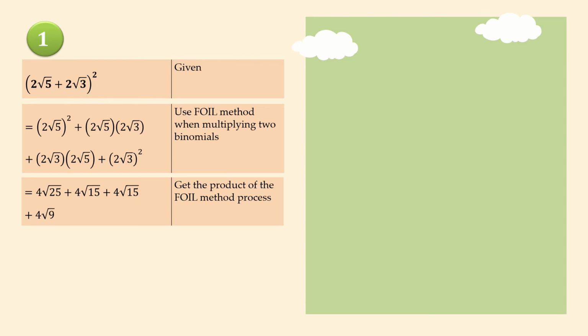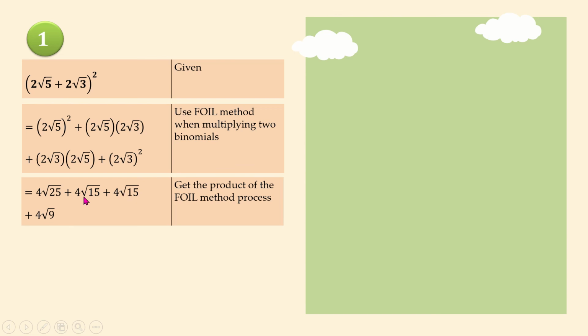2 times 2 is 4. 5 times 5, 25. Next, 2 square root of 5 times 2 square root of 3: 2 times 2 is 4, 5 times 3, 15. Plus 2 times 2, 4, 3 times 5, 15.